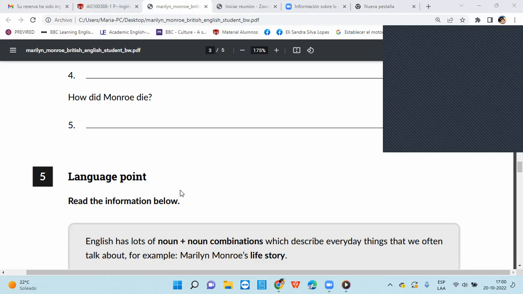Maybe the problem is that she had something with the president, and at that moment Russia and the USA had top secrets. Maybe she heard something, and maybe the CIA or the KGB killed her.